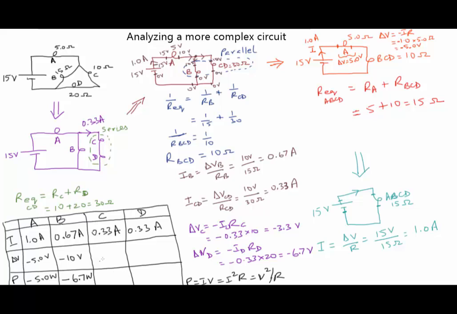So I've got the potential difference across C as minus 3.3 volts, the potential difference across D as minus 6.7 volts, and then the power is simply the multiplication of these two, which will give you minus 1.1 watts and minus 2.2 watts. So I've got all the answers I was after, but let's just quickly pause and verify a couple more things to make sure we haven't made any mistakes.